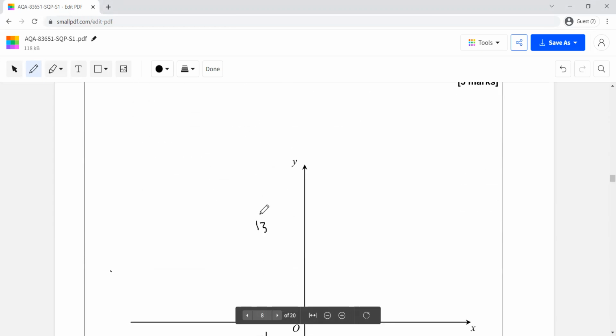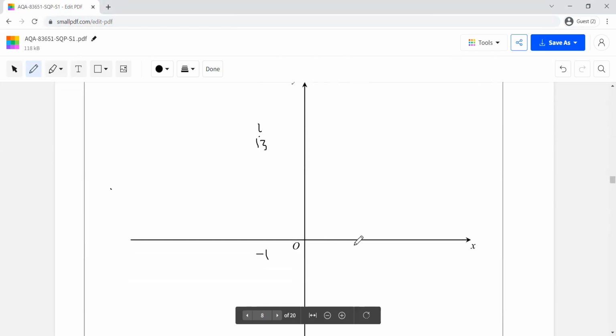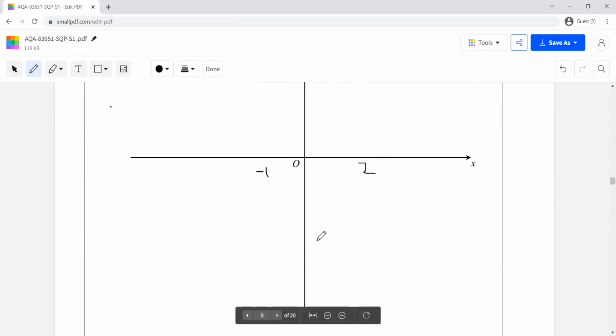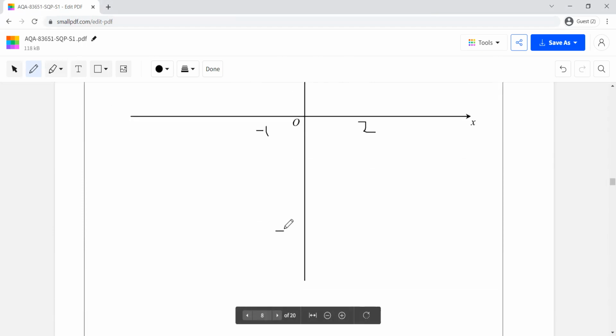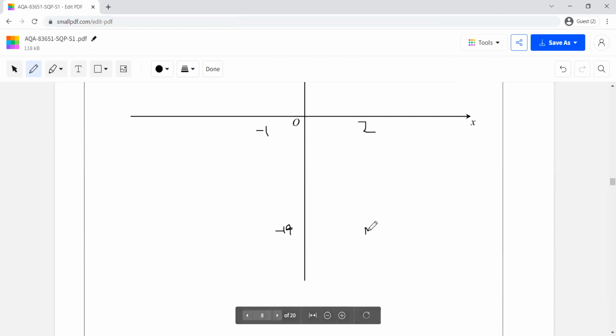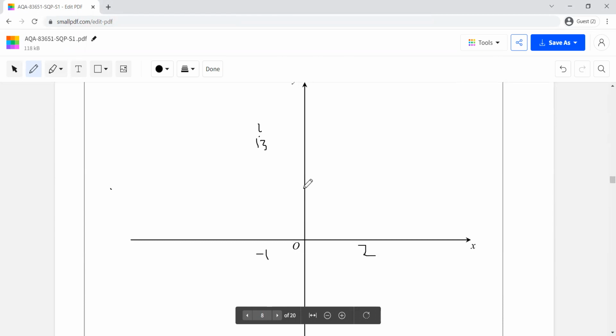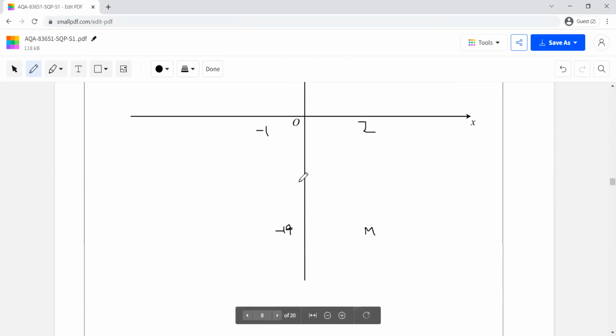This is point L. (2, -14): 2 would be somewhere around here, and -14 is negative on the y-axis, so it'll be somewhere around here. So (2, -14) would be here, and we're calling this point M. And our N is (0, 6), so it'll be somewhere around here. So this is N.